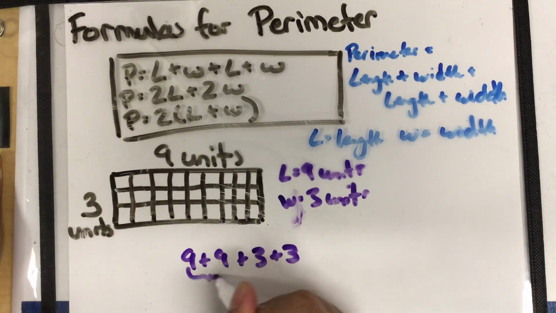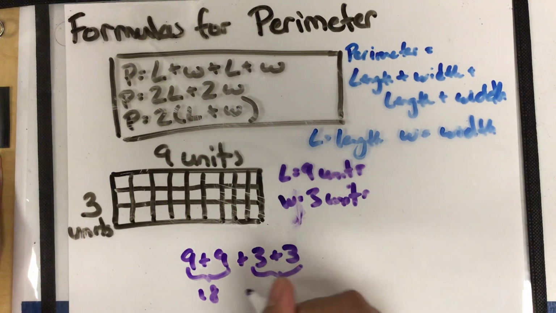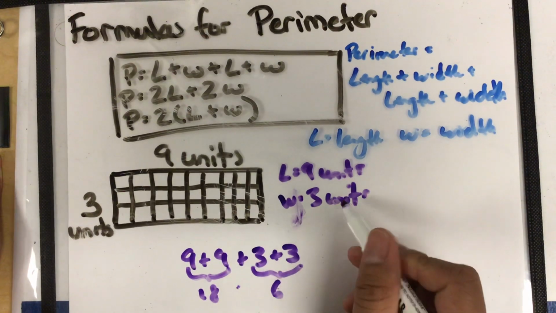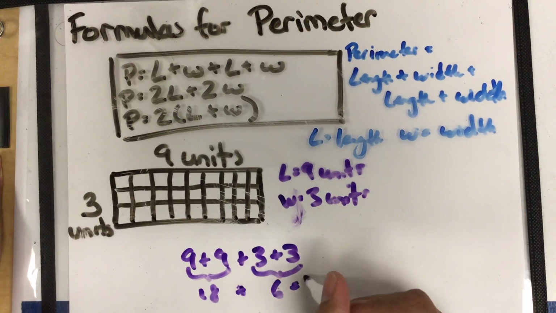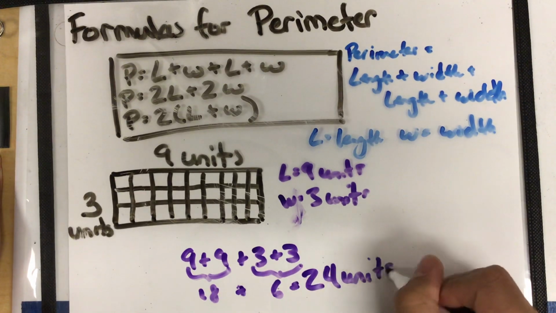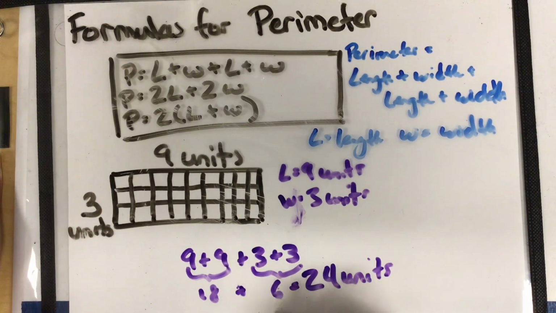Well, 9 plus 9 is 18. 3 plus 3 is 6. So then now we have 18 units plus 6 units. And that gets us a total of 24 units. So the perimeter equals 24 units.